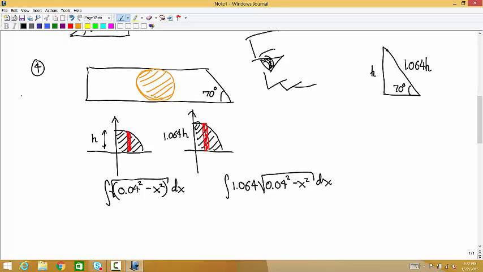Okay. And so you can pull the 1.064 out, and you just get that the area is 1.064 bigger. Okay.